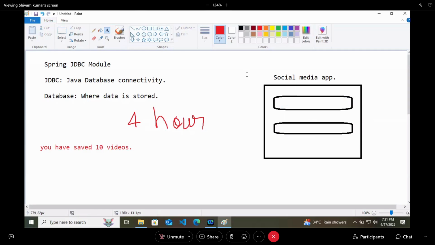What is the problem in that? The biggest problem: consumer happiness is the biggest happiness for businesses. Consumer means the customer, and the customer gets frustrated. Every time I have to create an account and do the things. That is also not the main problem. One day you liked 10 videos and saved them, and the next day you lost all your data.